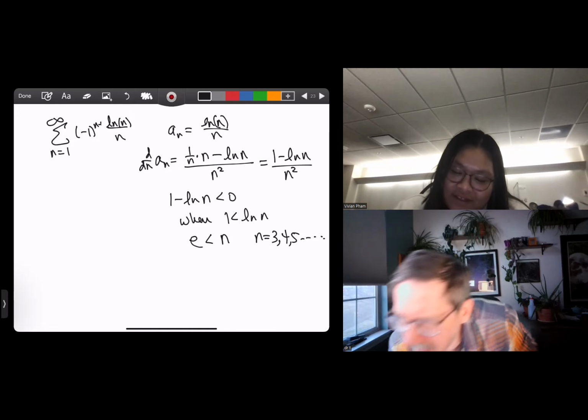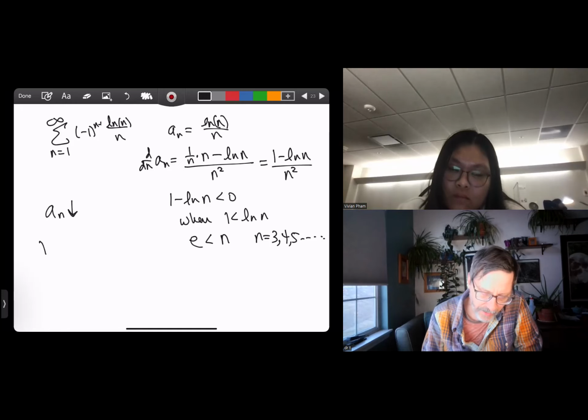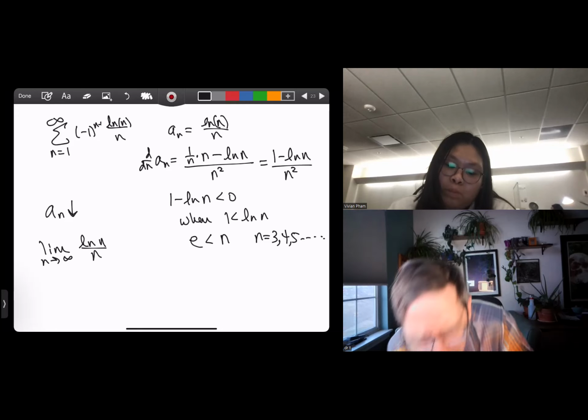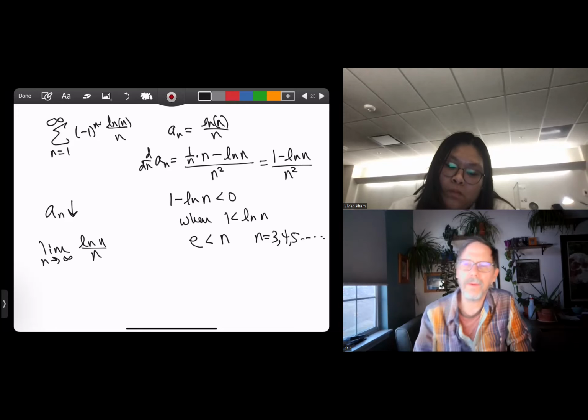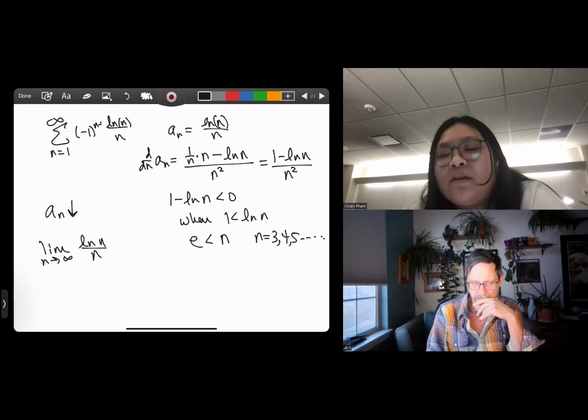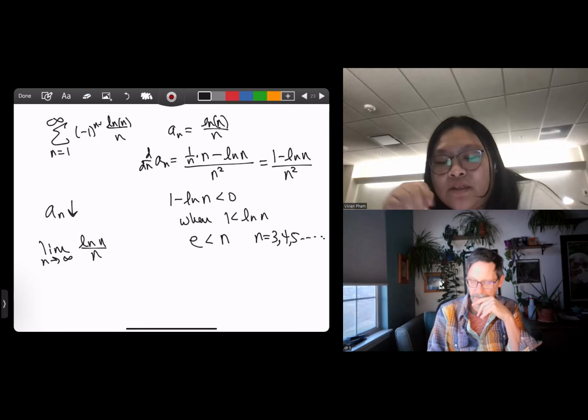So then, what about the limit? We've got that it's decreasing. What about the limit as n goes to infinity of that term? How do we do that? Both go to infinity, so I just L'Hopital that.